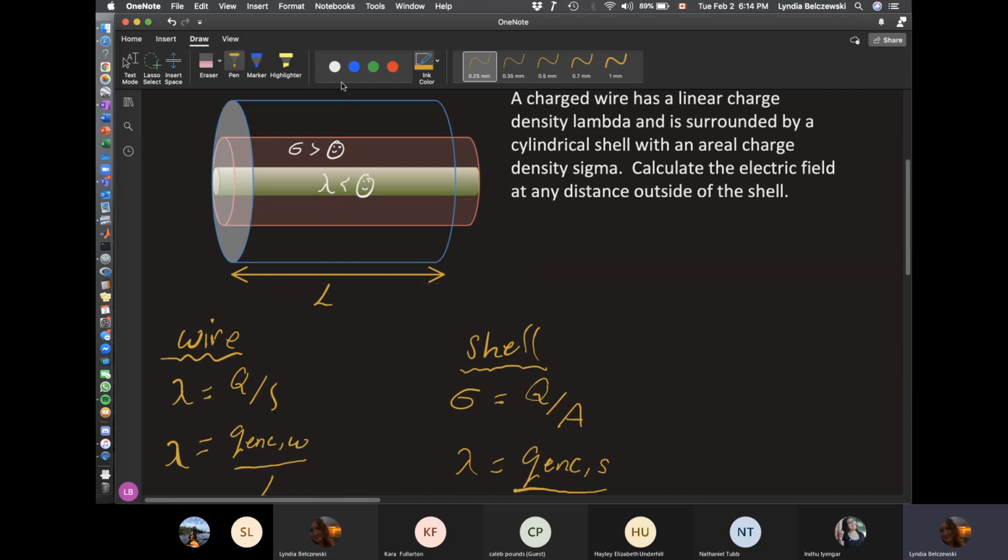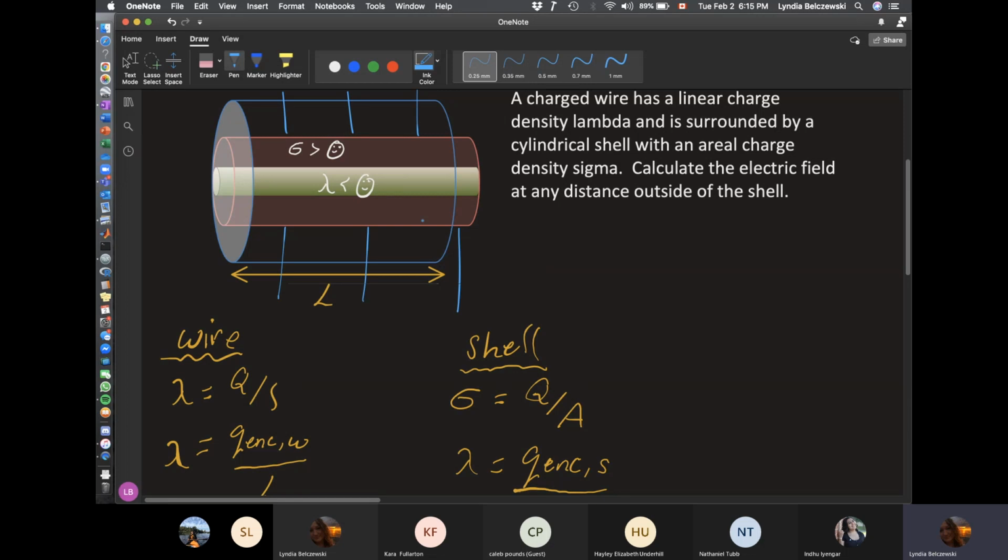So the electric field lines, we'll do them in blue because we don't have too much blue here yet. The electric field lines from this shell are coming out of the shell. Technically, they would also be coming out of the screen towards you and into the screen from the other side. But we've got all these electric field lines coming out.